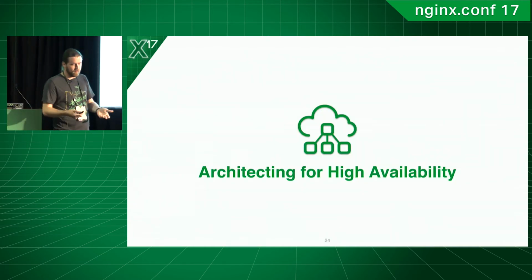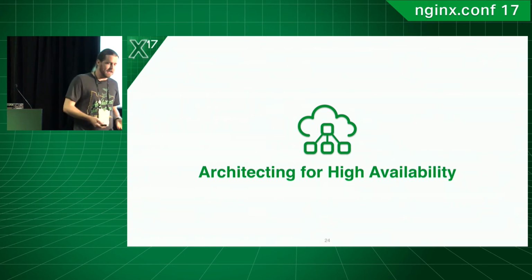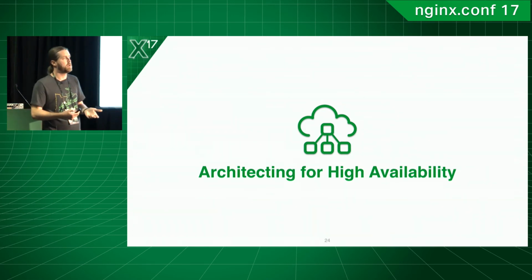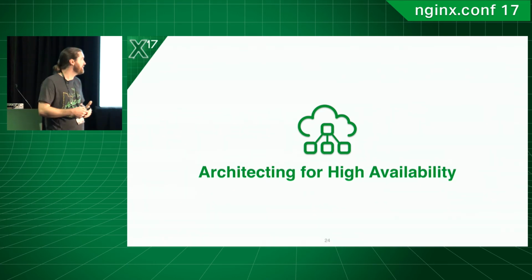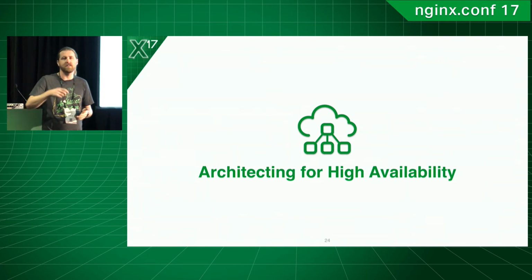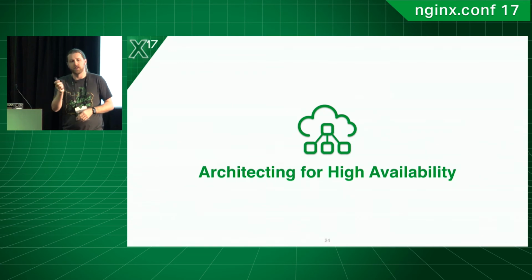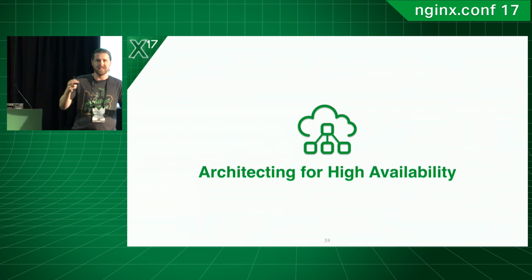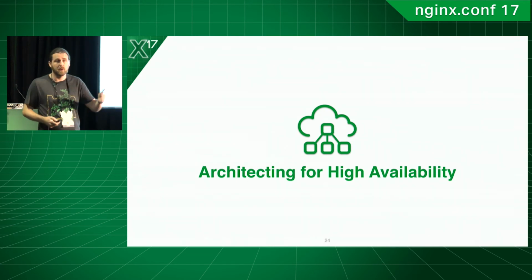So, in terms of high availability, a lot of people are using NGINX in some kind of high availability fashion, right? They might be using a keepalived scenario where you're using 2 instances with a shared IP and floating requests between two actual instances. You might have a layer 4 load balancer sitting in front of NGINX.